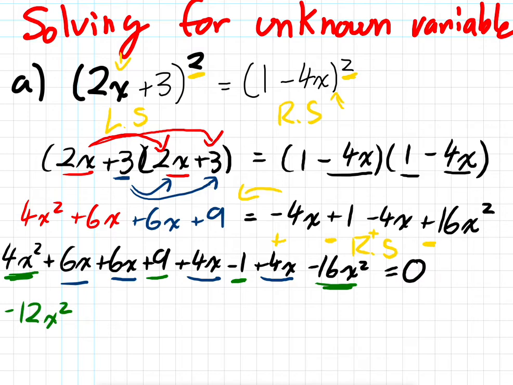Our 6x, positive 4x, and positive 4x, that's going to be 20. So when we add that, we get positive 20x. And finally, 9 and negative 1 will give us just 8. So we're left with 8.